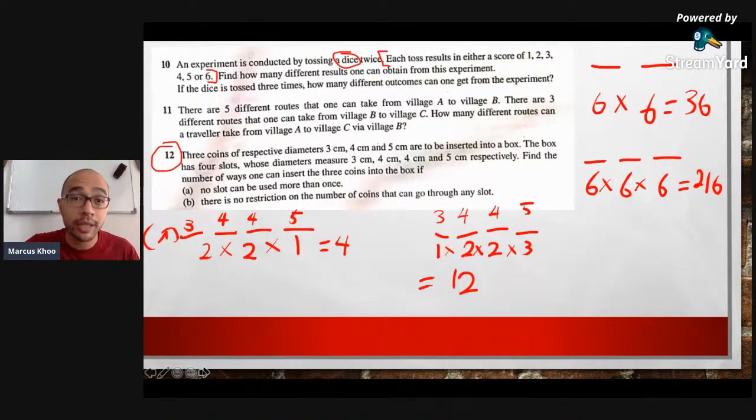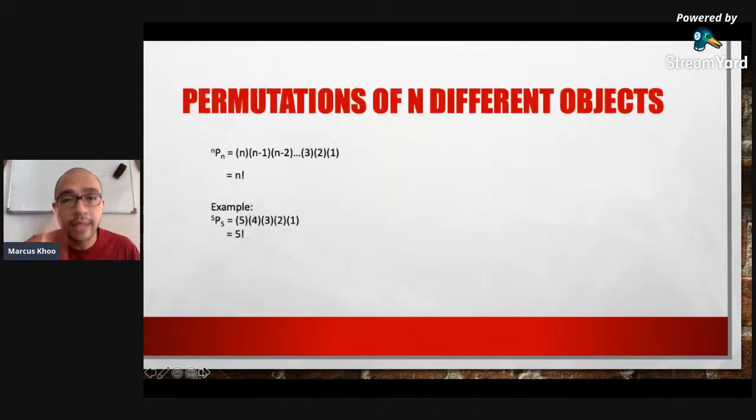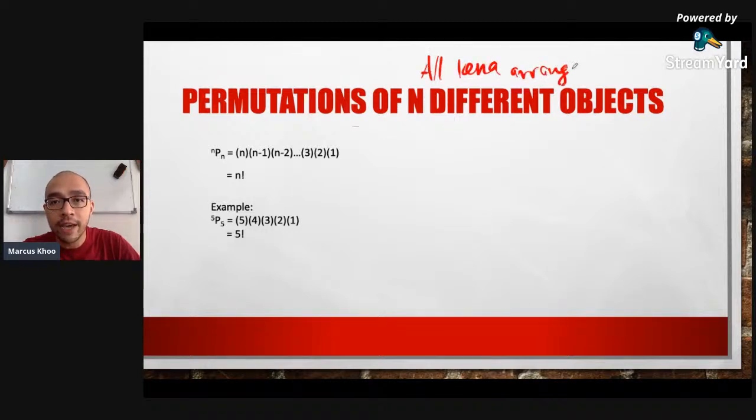For logical thinking. Alright, now we come into permutation proper. Permutation of n different objects. N different objects means let's say I have 10 different objects. How do I arrange all 10? What I'm saying now is all. All must be arranged. It means if I have 10 objects, I want to permutate all 10.